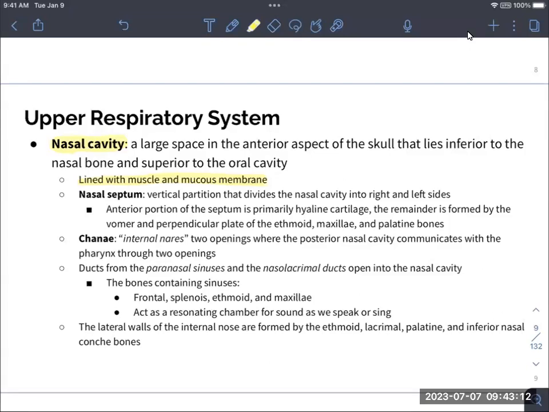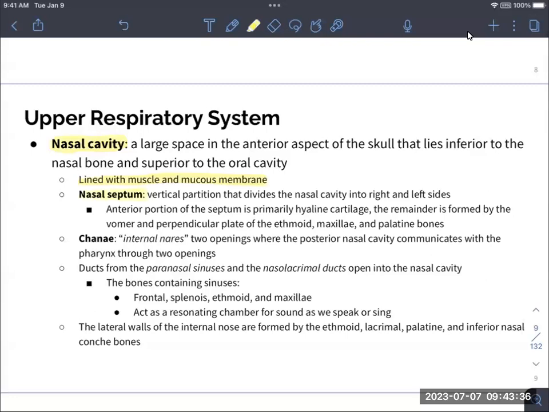We also have mucous membranes in there. The inside of your nose is a moist area. So these mucous membranes are creating this mucus to help filter out different particles that you could be breathing in.